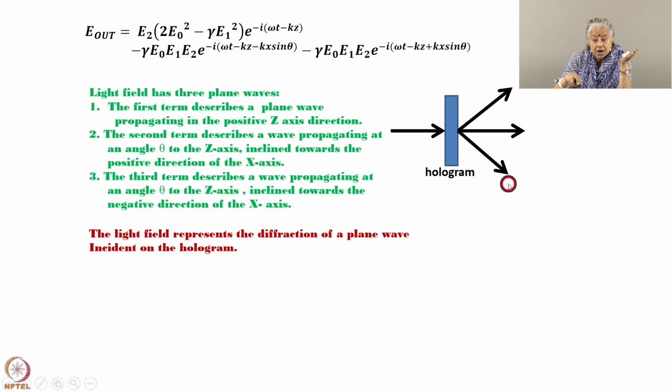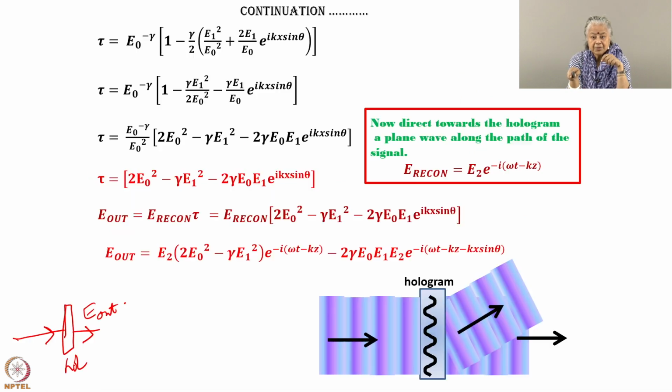So, these two are moving out in two different directions, one along the positive x direction and one along the negative x direction. So, basically you have three waves. This is the original wave which is going through the hologram and just coming through, and you have two additional waves, and they are plane waves.